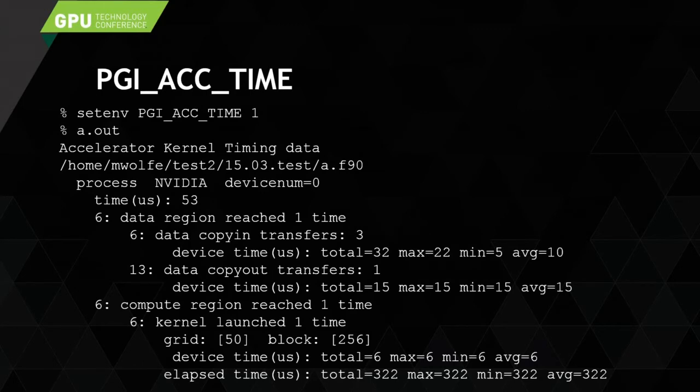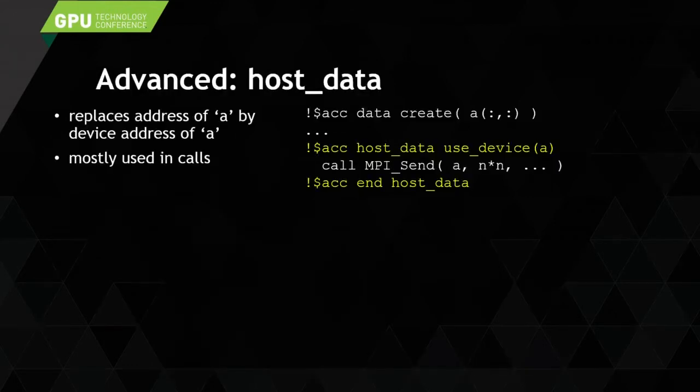It collects information about how much time is being spent doing data transfers, how much time is being spent doing kernel launches, and it summarizes all that like a profile. And it's a first level. You can also use CUDA-Prof or NVProf, and you can use other tools that work as well. When it runs, it's just a CUDA program that runs, and you should be able to use any tools that use that.